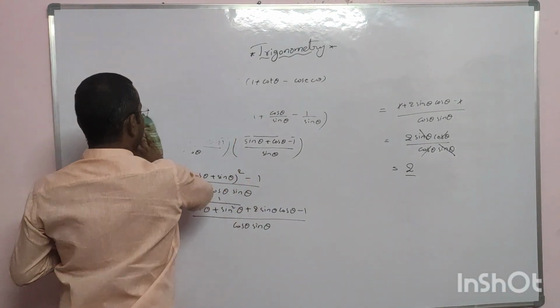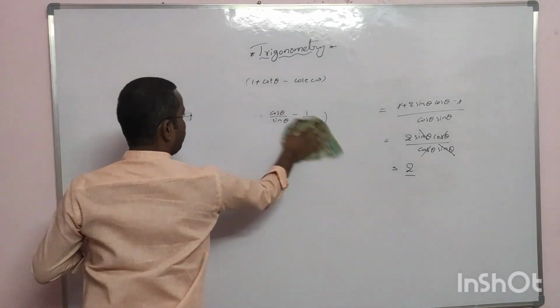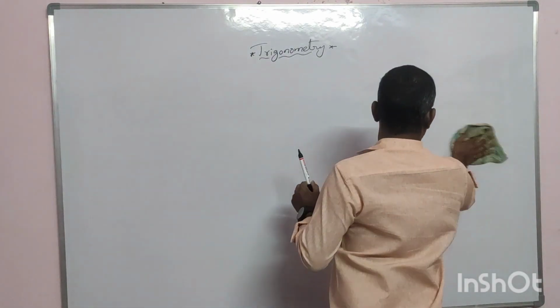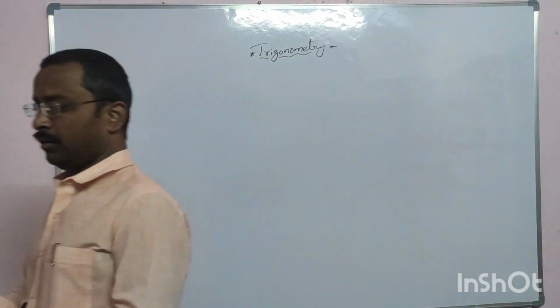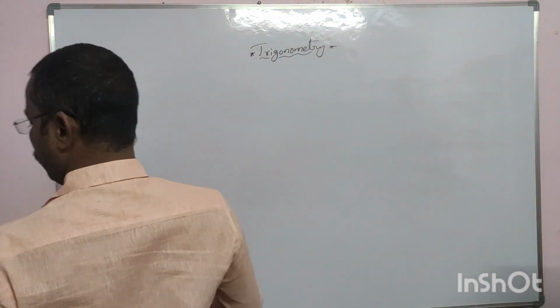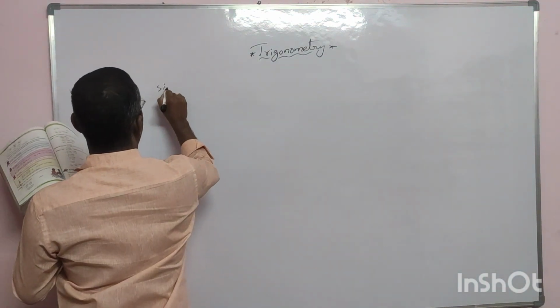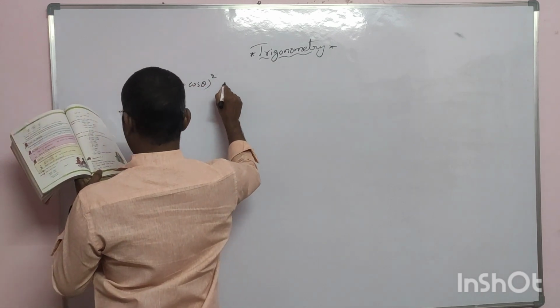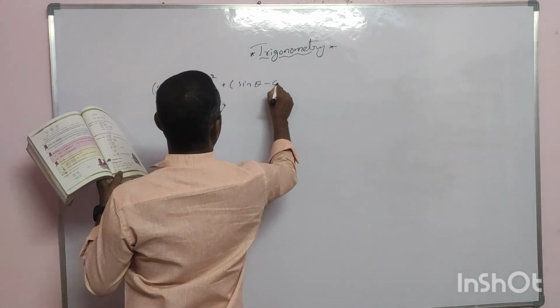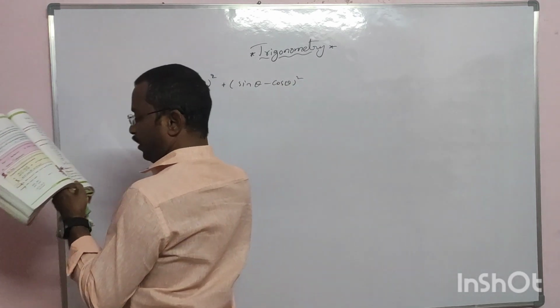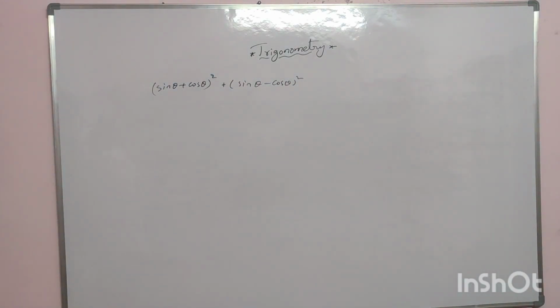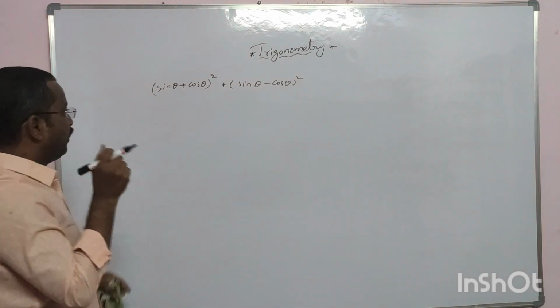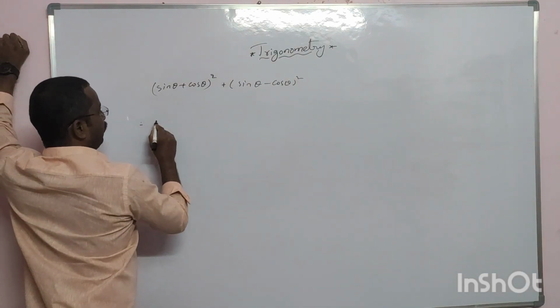And the next one: sin theta plus cos theta whole square plus sin theta minus cos theta whole square. So you can expand it by the identity a plus b whole square. This is your a plus b.